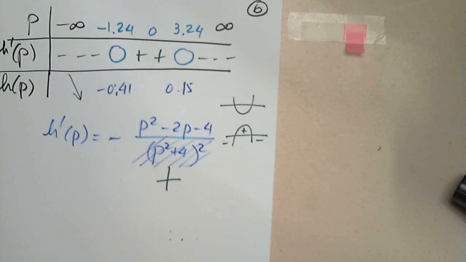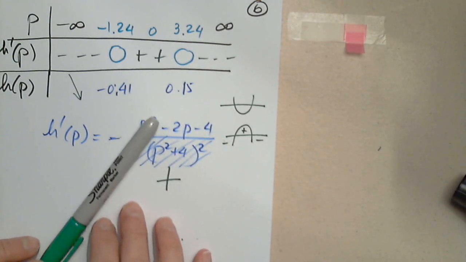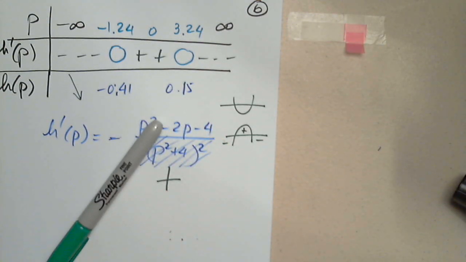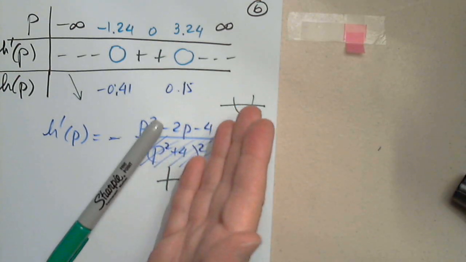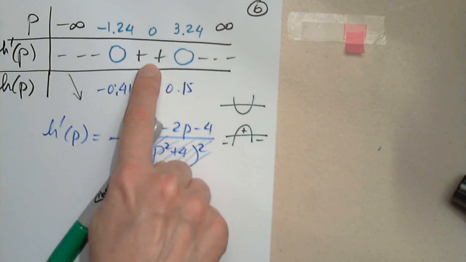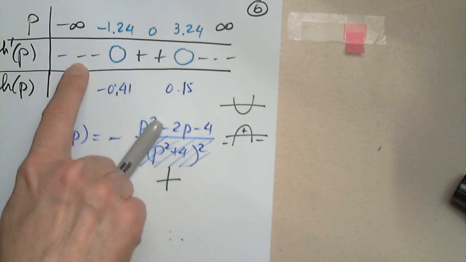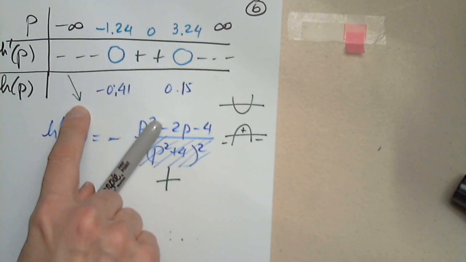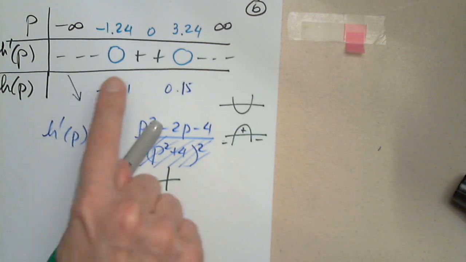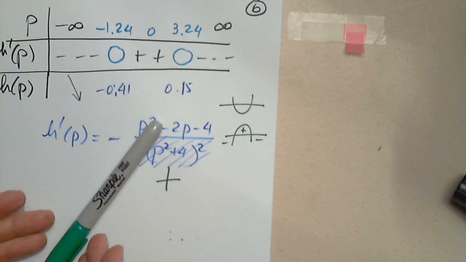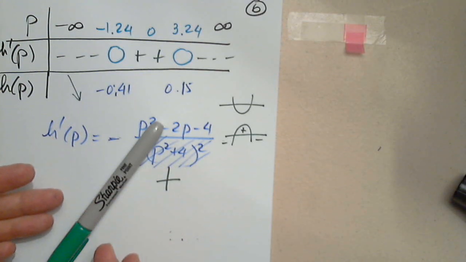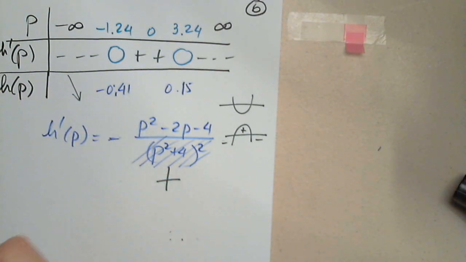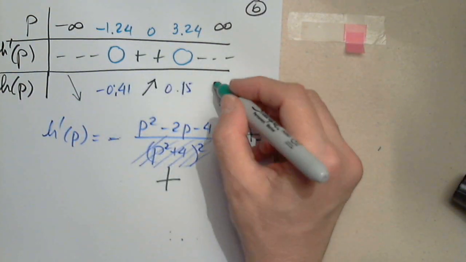Now the slope is positive. If the slope is positive, what does the function do? Increases. Yes. So whenever the derivative, which is the slope of the tangent to the curve, is negative, the function decreases. Whenever the slope of the tangent, in other words, the derivative is positive, the function is increasing, always.